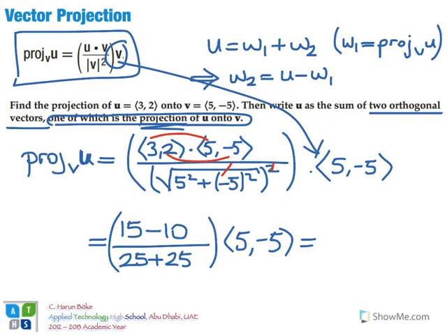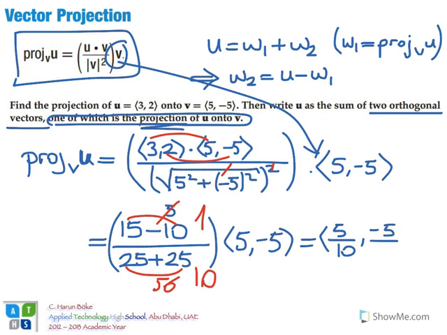Okay, it will be, well, here it is 5, and here it is 50. So 5 and 50 simplifies to 1 over 10. So if we multiply the vector with the scalar, we will get (5 over 10, minus 5 over 10), which we can simplify to (1 over 2, minus 1 over 2).